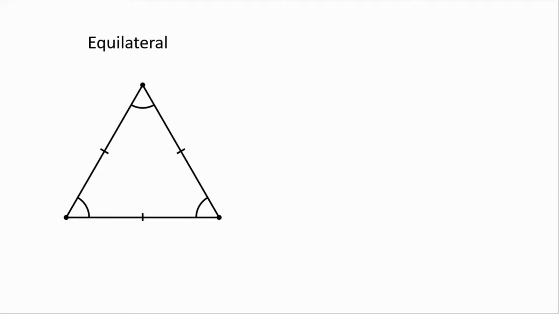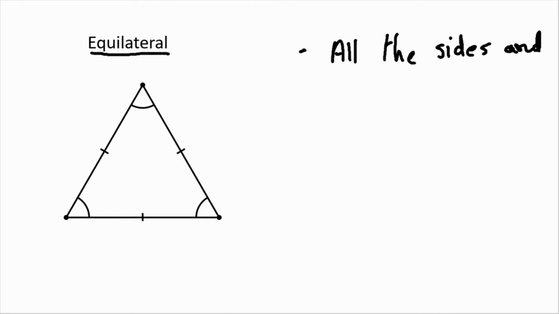Our third sort is what we call an equilateral triangle. And an equilateral triangle says that all the sides and all the angles are the same.